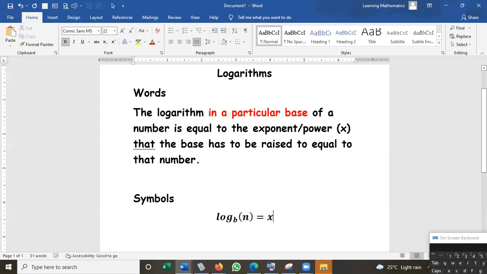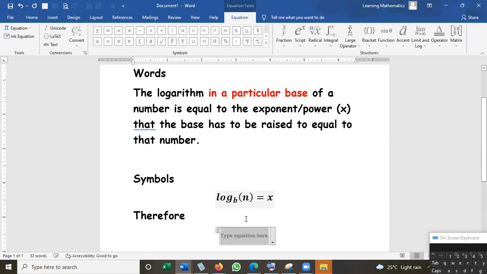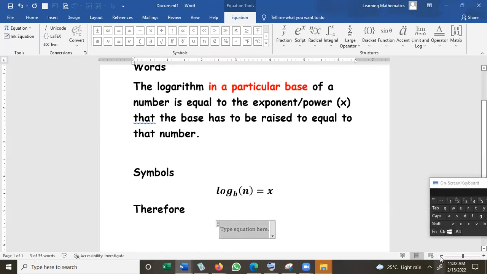So therefore, according to this definition, this symbolic expression can be rewritten and it is communicating the same thing. It can be rewritten now in exponential format.